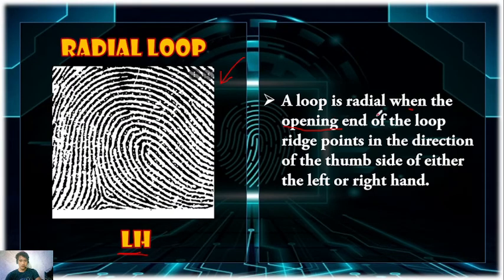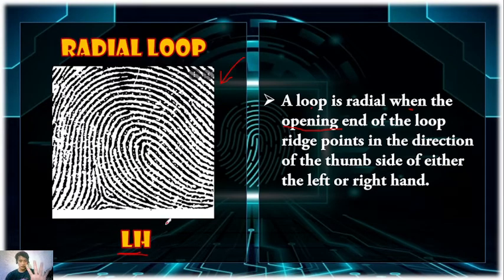Right, so with that, for us to say that it is a radial loop, the opening of the loop should be facing the direction of the thumb.